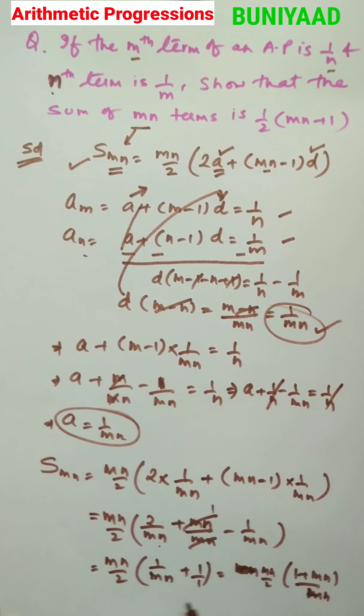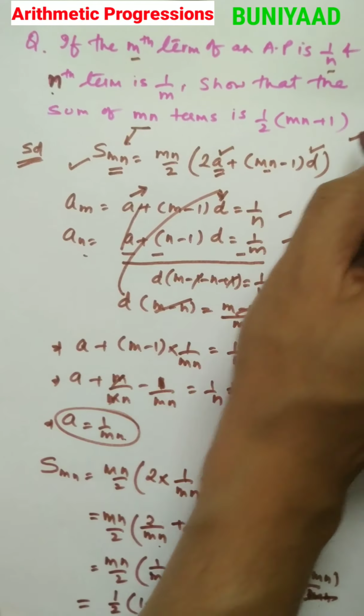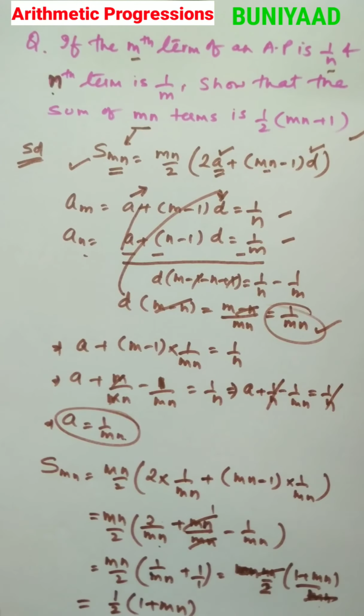On taking the LCM, this is 1 plus mn by mn. This mn got cancelled. You are left with half, 1 plus mn. The same thing you have to do here.